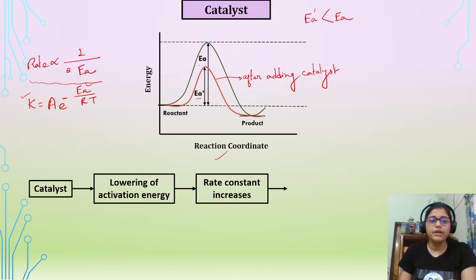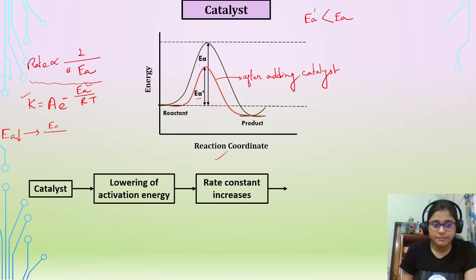So it is lowering the activation energy, which shows how K is related to activation energy. If we decrease the value of EA, that means EA by RT will decrease. Obviously, this is decreasing, right?